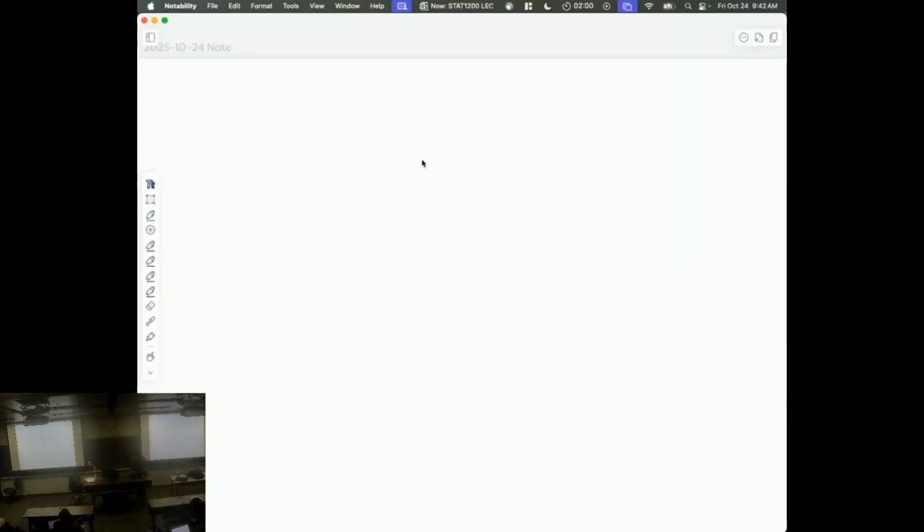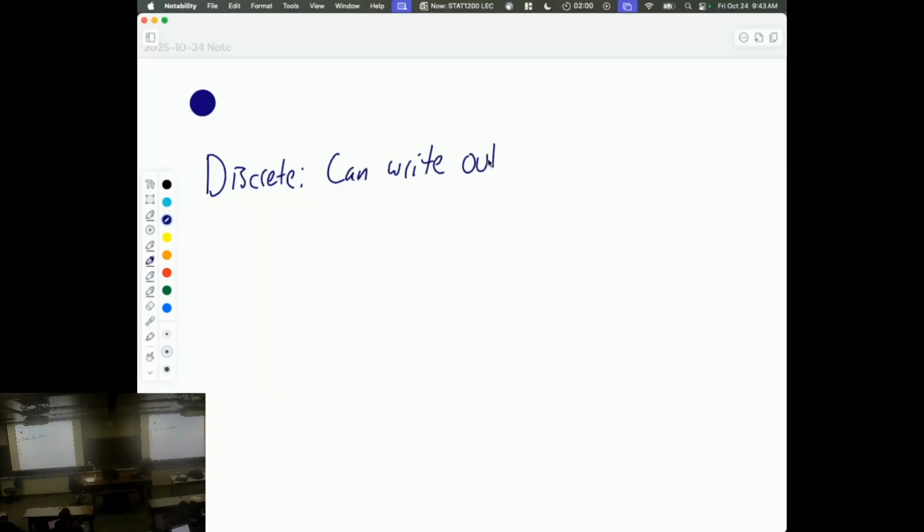So here is one way I like to think about it. Discrete means you can write out the values in a possibly infinite list.